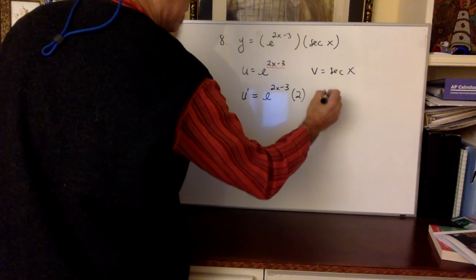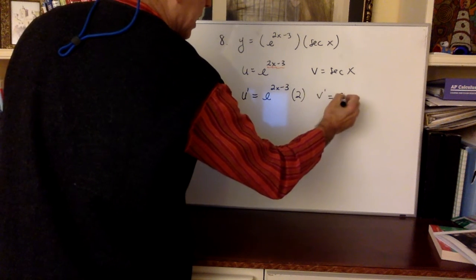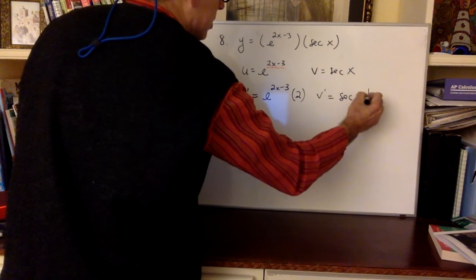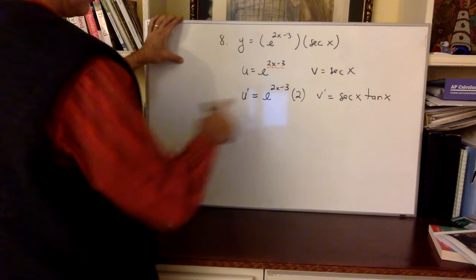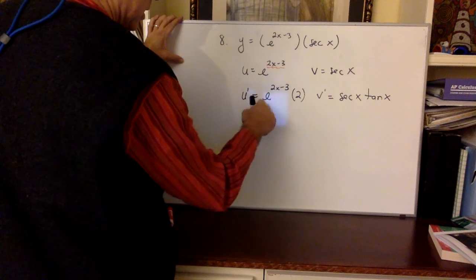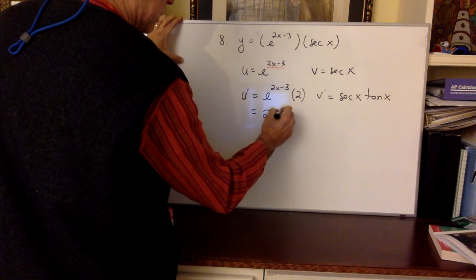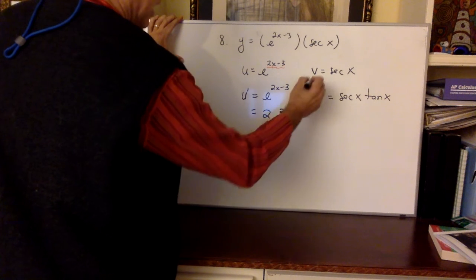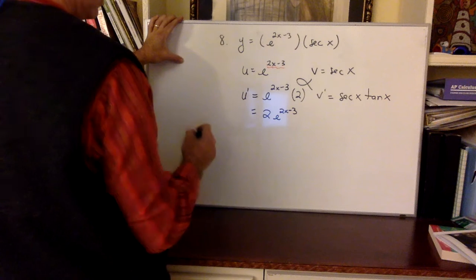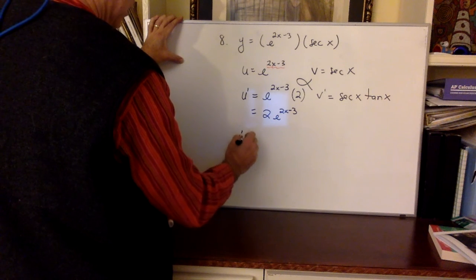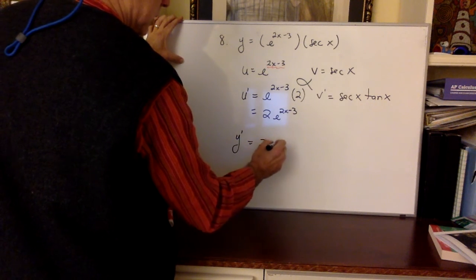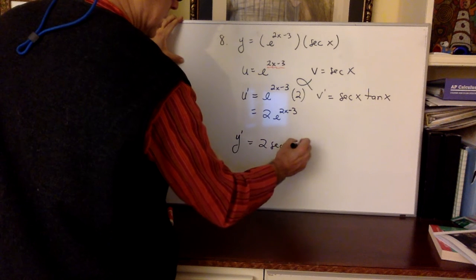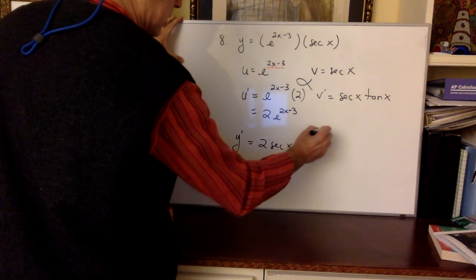And then the derivative of secant is secant tangent. What do sec people do? They secant tan, right? That silly memory game. So I'm just going to clean this up a little bit. I'm going to move the 2 over there. And then when I do left-facing fish, I'll have y prime equals this diagonal, so 2 secant x e to the 2x minus 3.